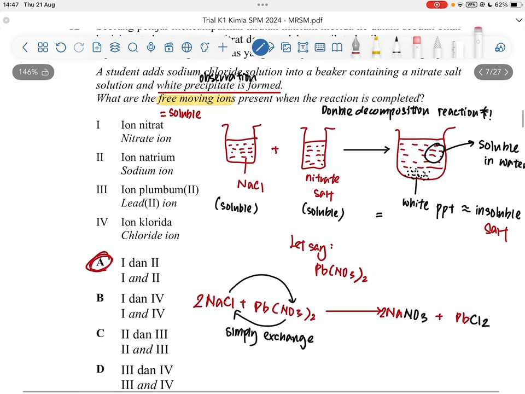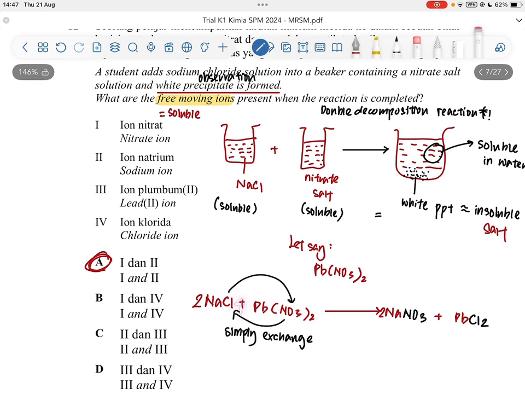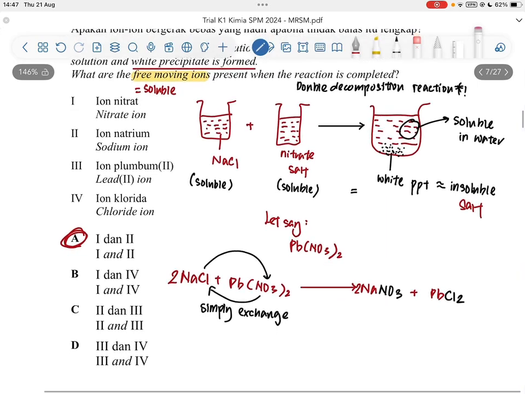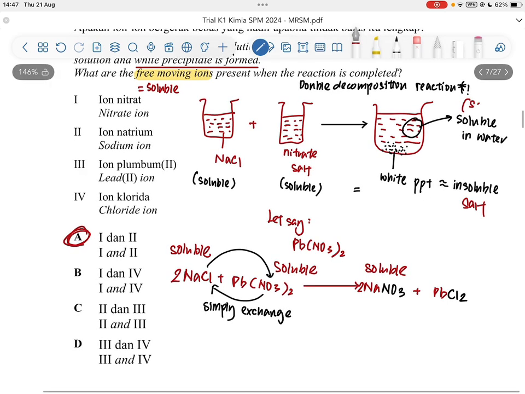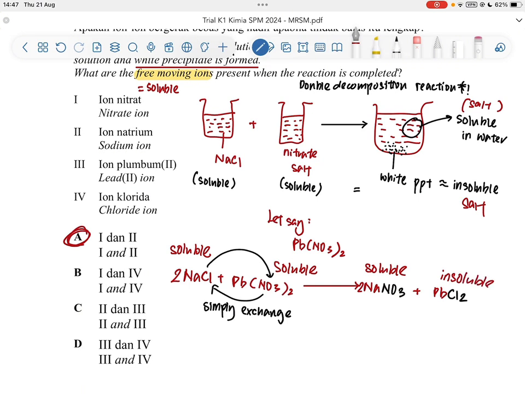So we write the equation: sodium chloride plus Pb(NO3)2, the nitrate salt, and it will produce sodium nitrate with lead(II) chloride. It matches our condition: sodium chloride is soluble, and nitrate salt is always soluble, producing the soluble salt with the insoluble salt. So this one matches our observation and our inference also.